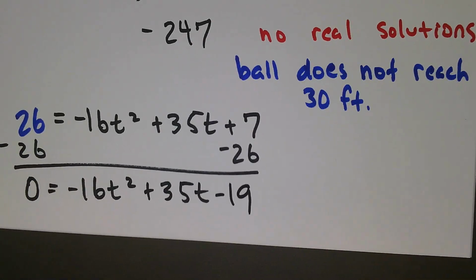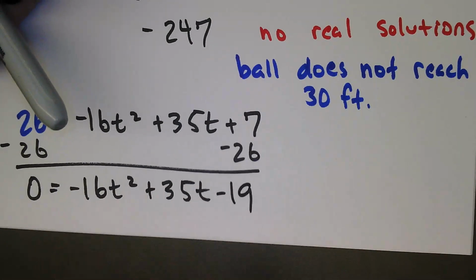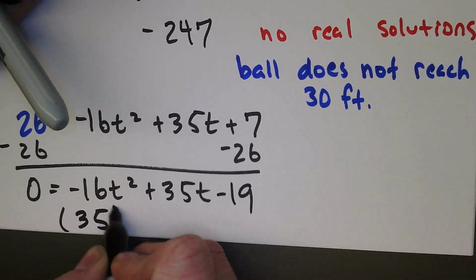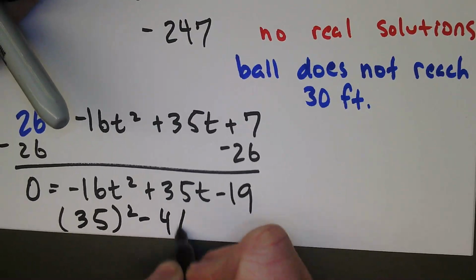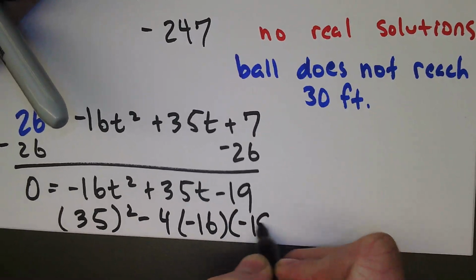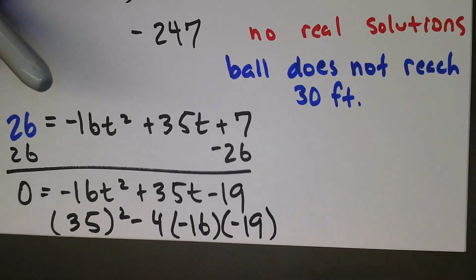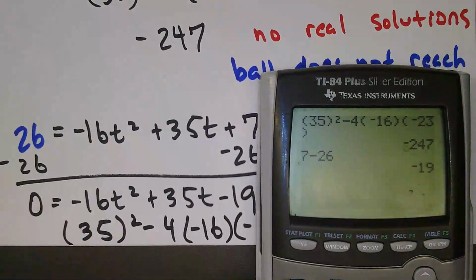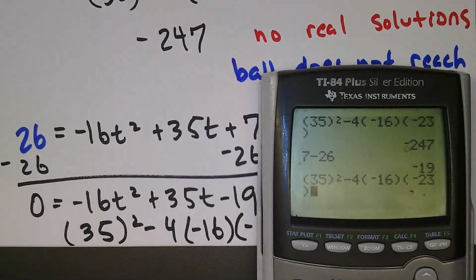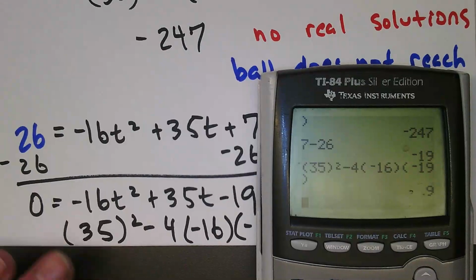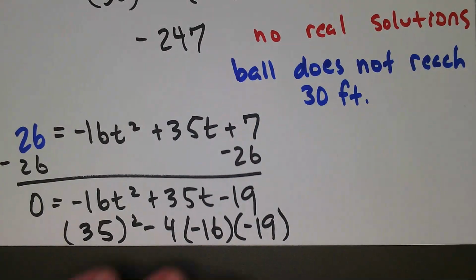And we'll follow that same process. We're going to do b squared minus 4ac. So I will do 35 squared minus 4 times negative 16 times negative 19. I've already got it in the calculator, so I can just pull it back up and change that negative 23 to a 19. This time I get a positive number. It's 9.